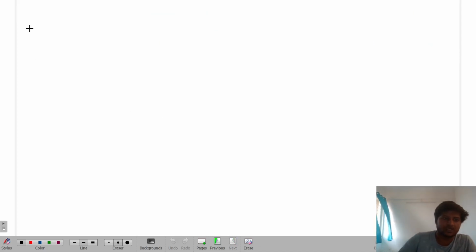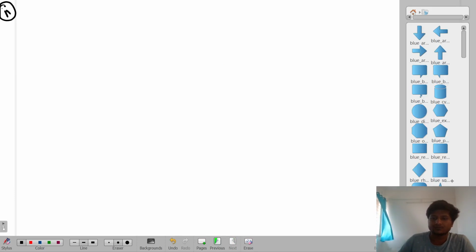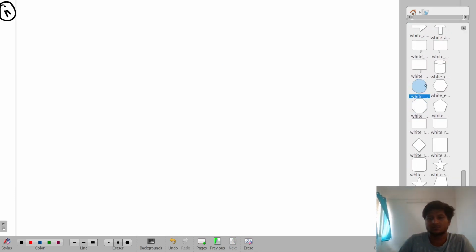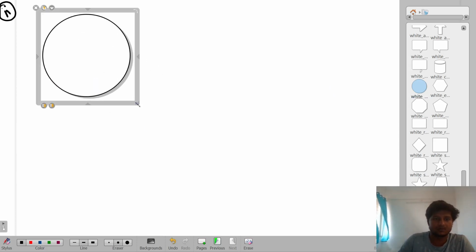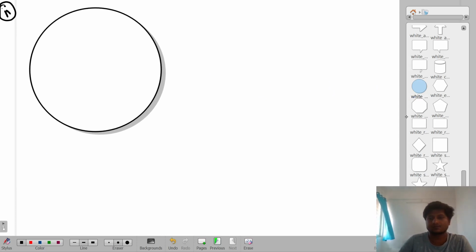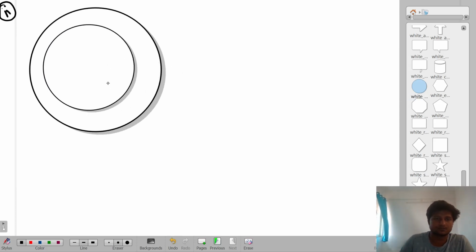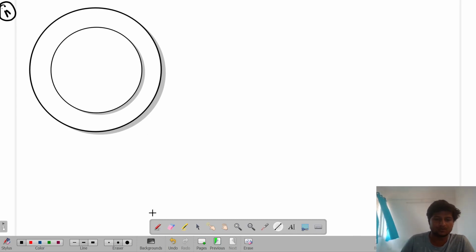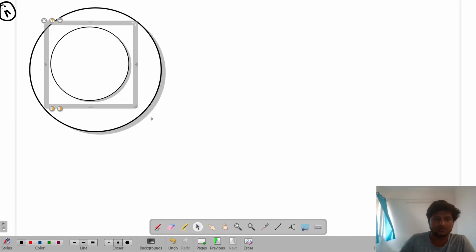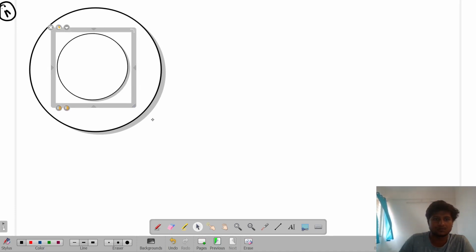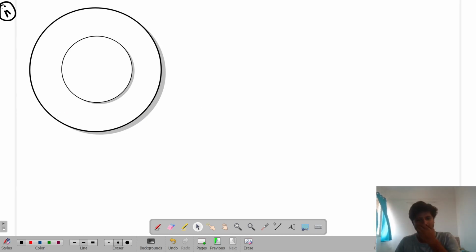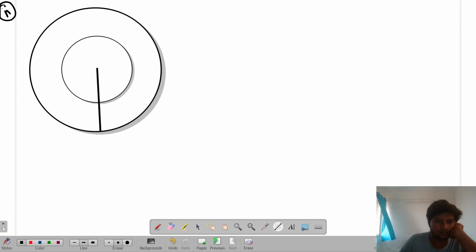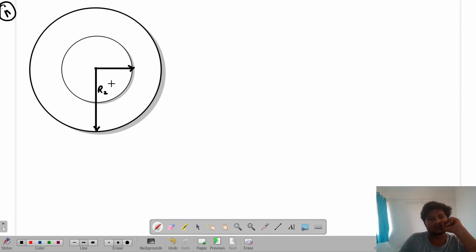Okay. Second question in the same pattern. Once again, the radii are r2 and r1. Let me just increase the size. R2, R1.